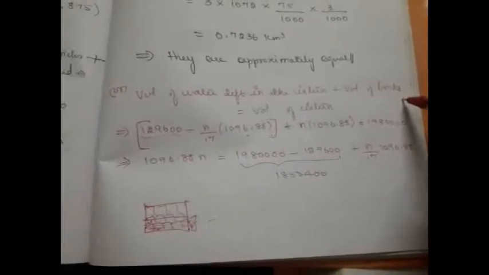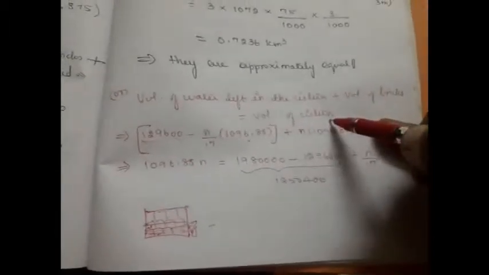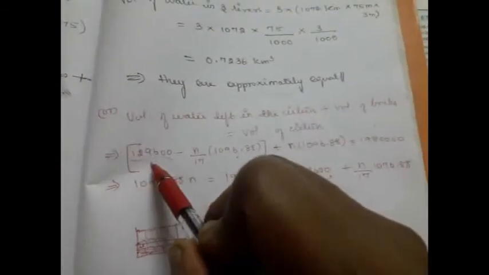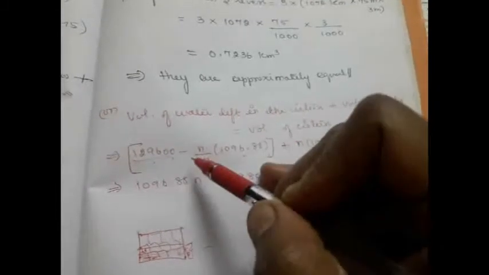According to the question, the volume of water left in the cistern plus the volume of bricks will be equal to the volume of the cistern. So for this, what are all the things we need? The volume of water left in the cistern can be obtained by how much water is available in the tank minus the water absorbed by n bricks. How can you find the water absorbed by n bricks?